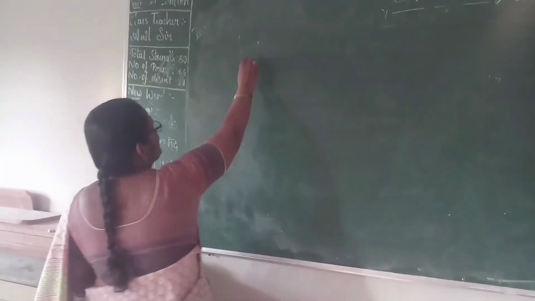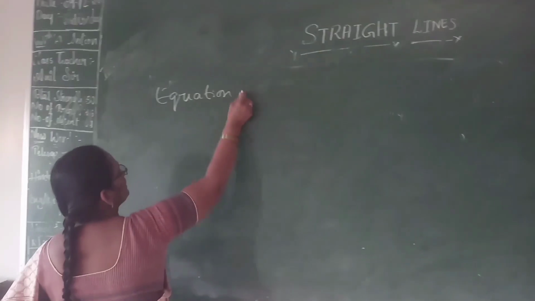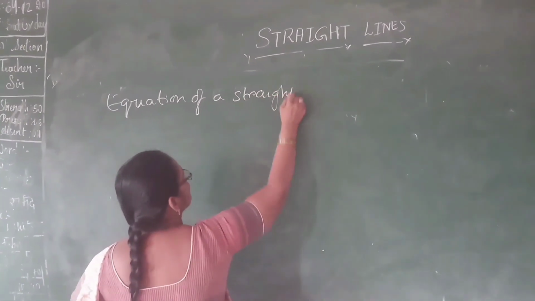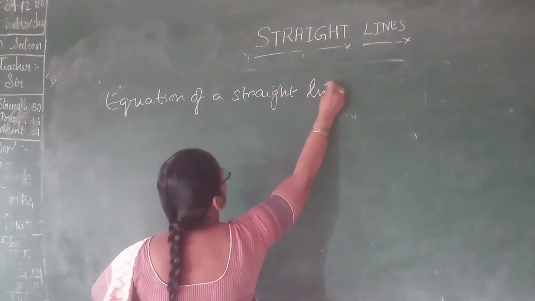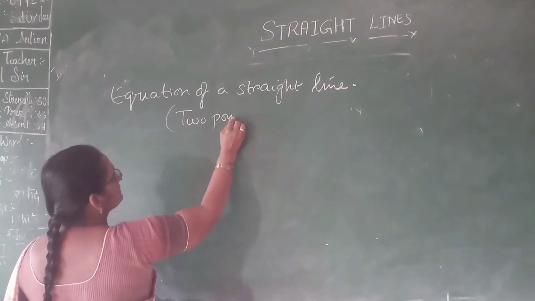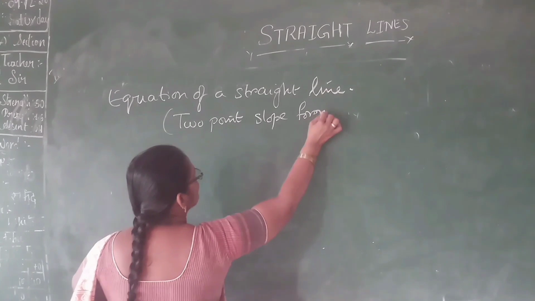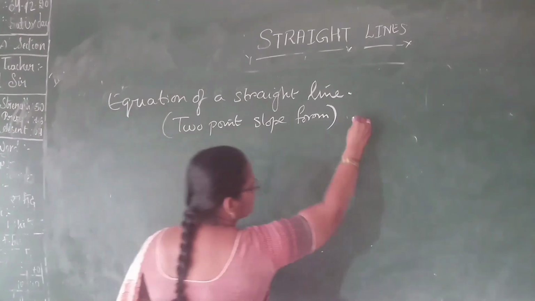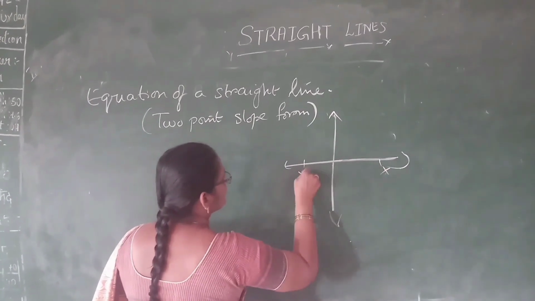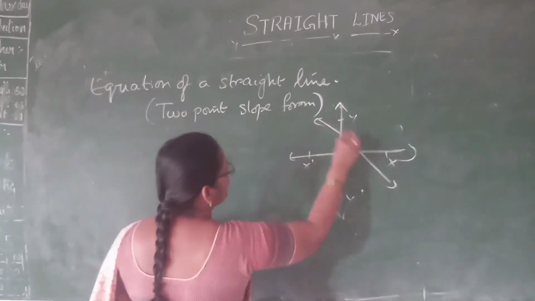Now, we are going for the next concept, equation of a straight line, that is 2-point slope form. So, here we are going to consider, so this is a line.